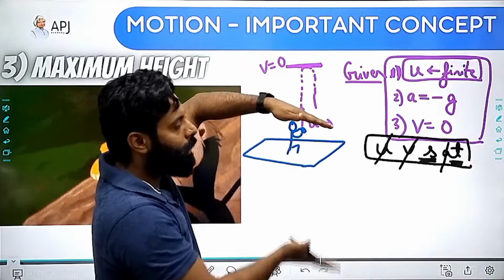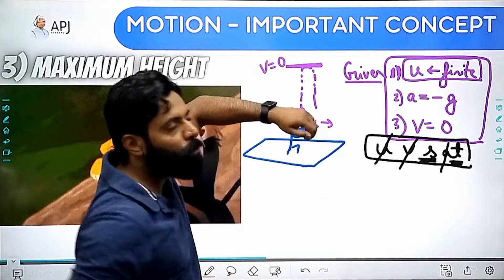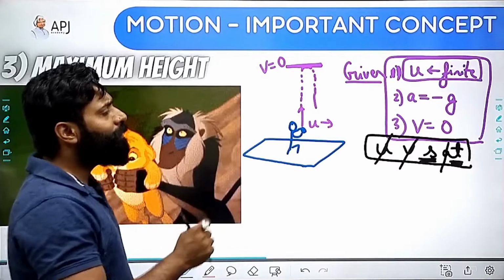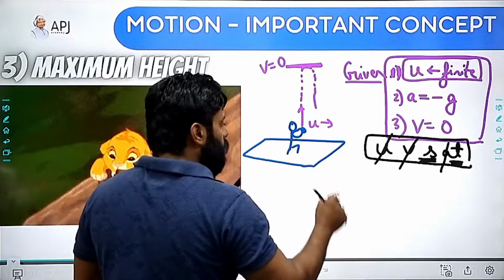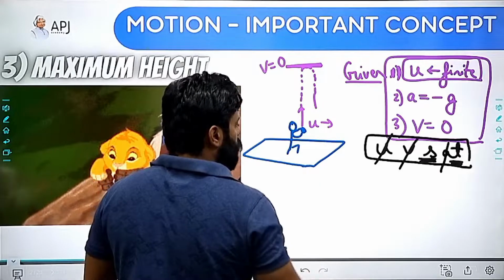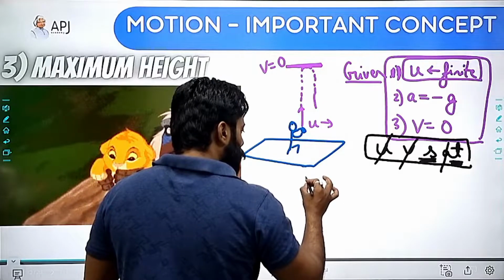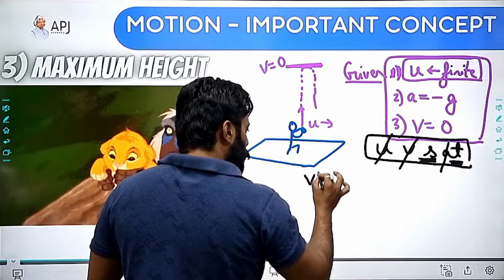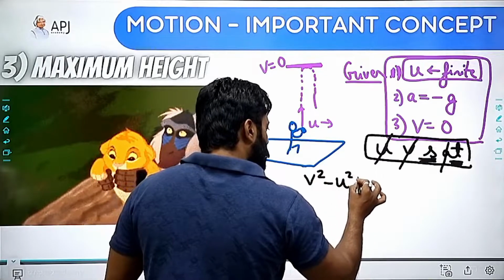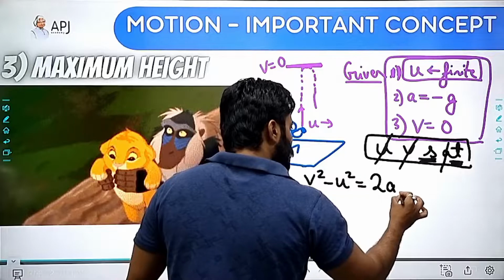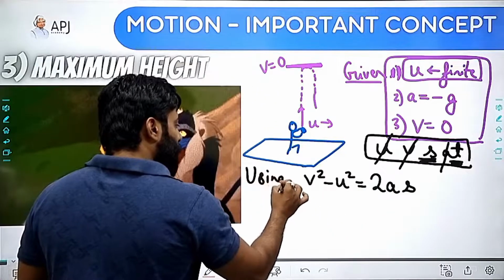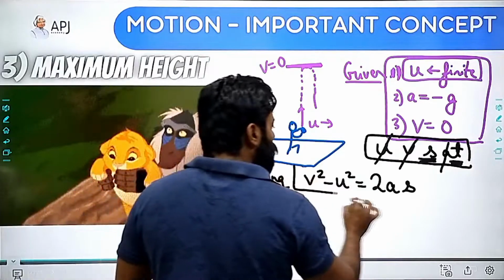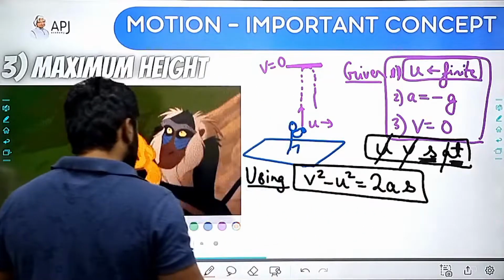can be calculated using the equations of motion. Which equation can I use then? Tell me. I can use v square minus u square is equal to 2as. If I use this equation, v square minus u square equals 2as, then what would happen?